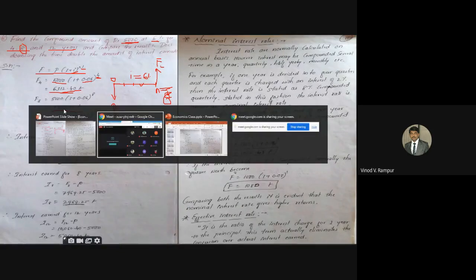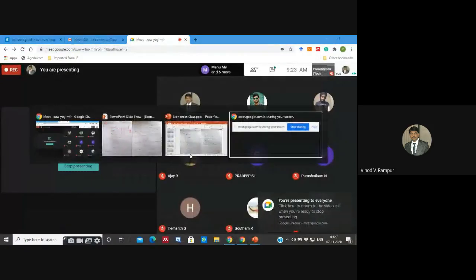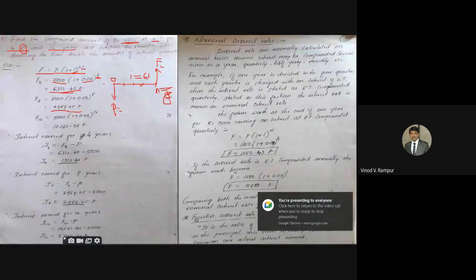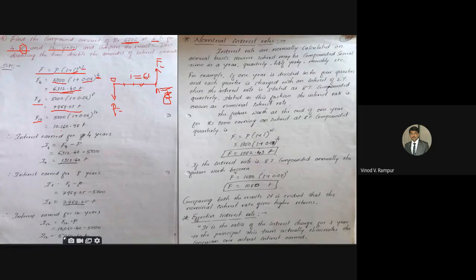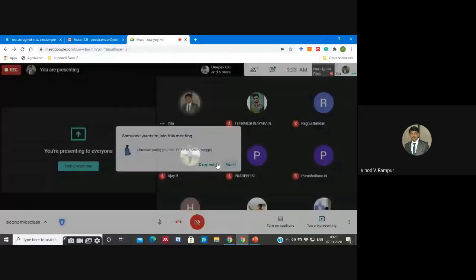After 8 years he is going to get 7,969.25 rupees. Similarly for the 12th year, 5,000 into (1 plus 0.06) raised to 12, he is going to get 10,060.98 rupees.